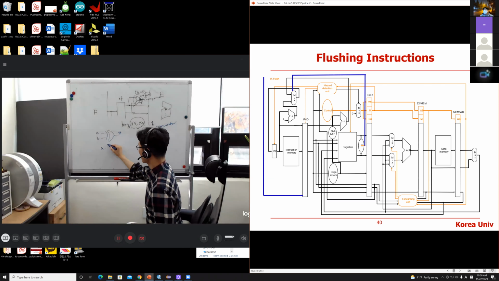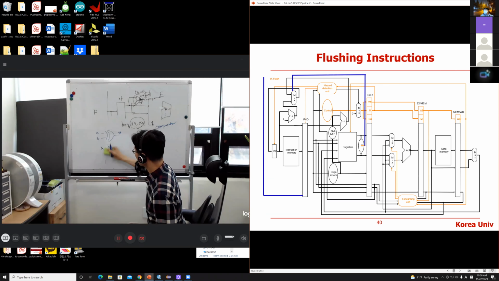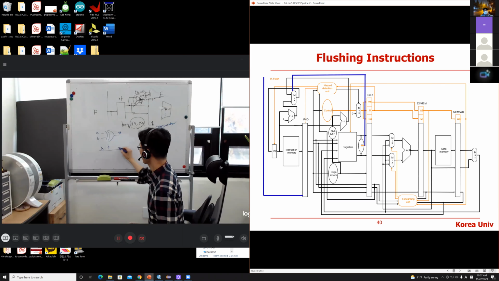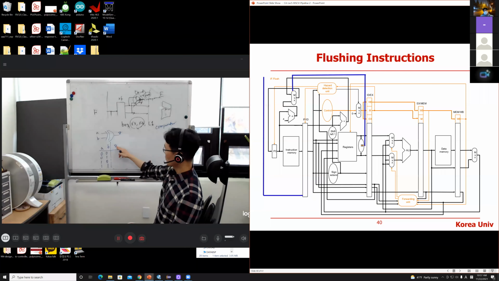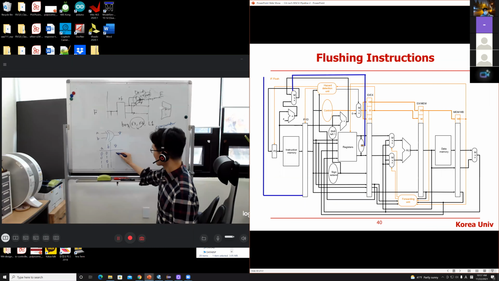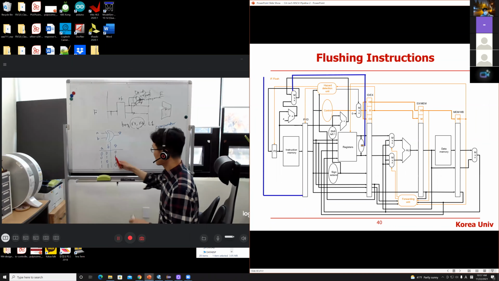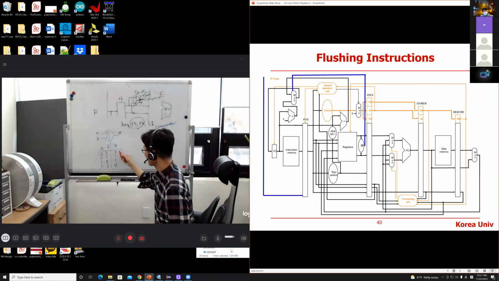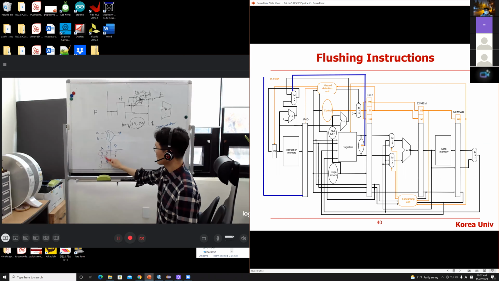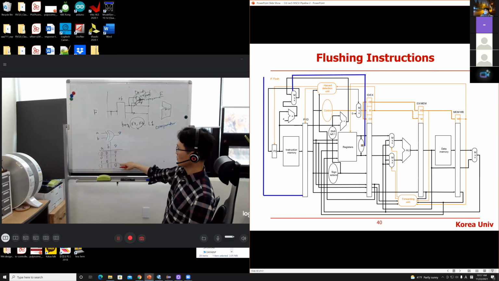You have A and B and Y: 0,0; 0,1; 1,0; 1,1. So Y is 0, 1, 1, 0. Meaning these two are equal, A and B, then Y is 0.